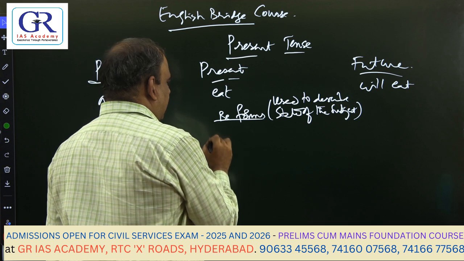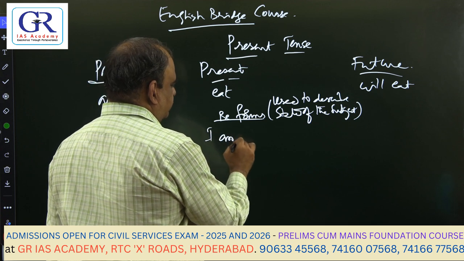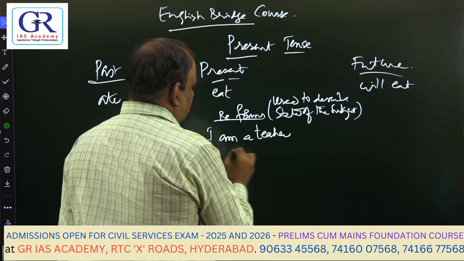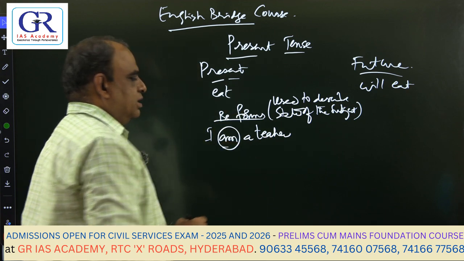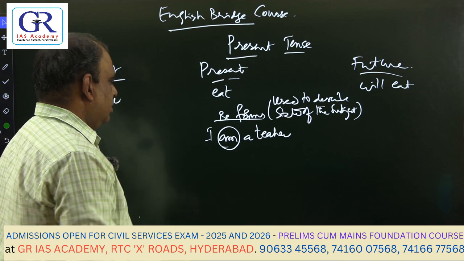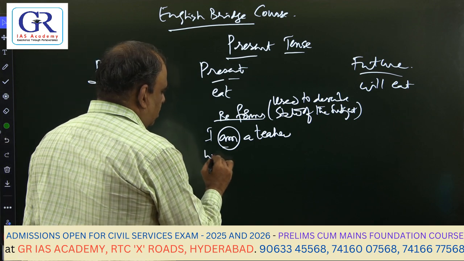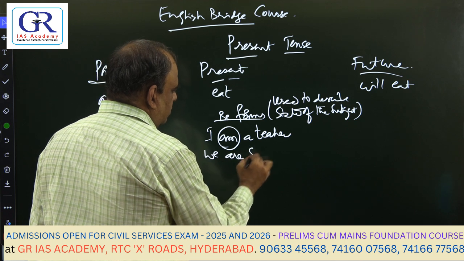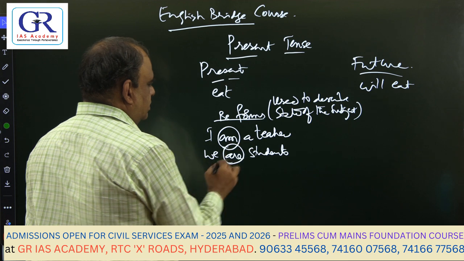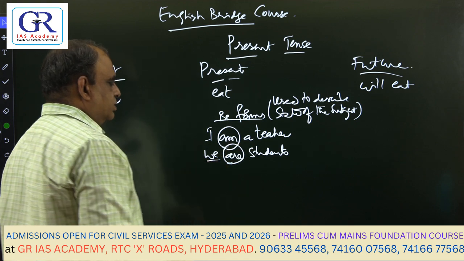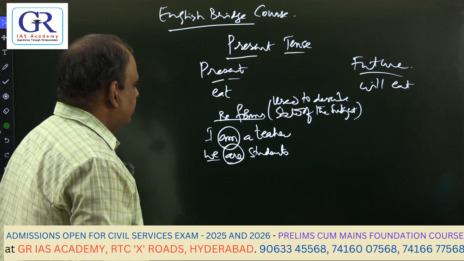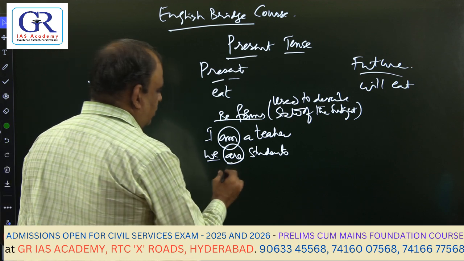So, I am a teacher. So, here my state is told by this verb, hence am is a be form. We are students. So, are is also telling about the state of the we. Okay. So, are becomes the be form.